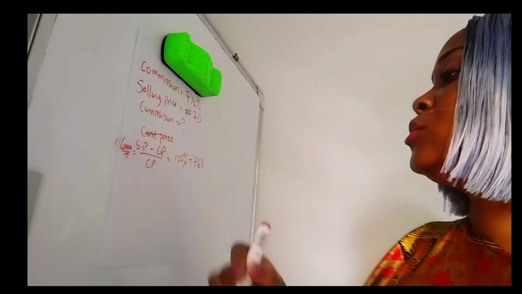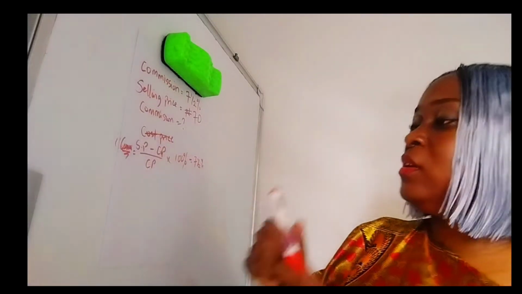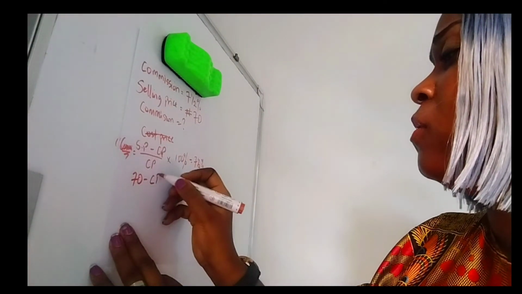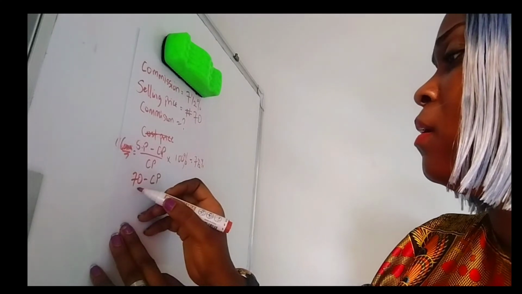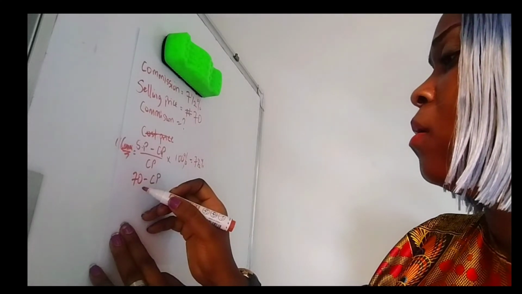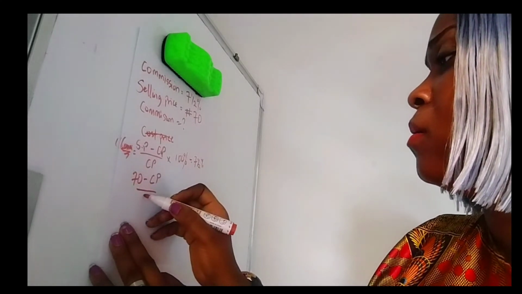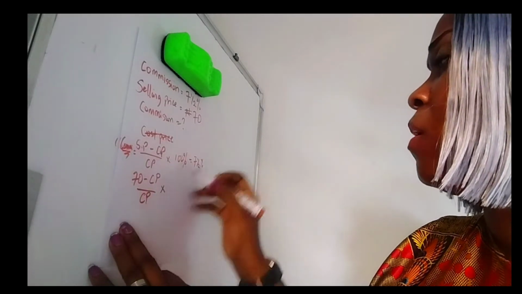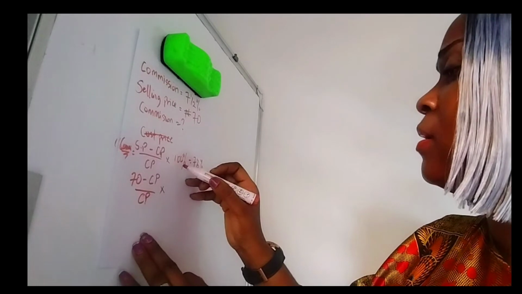So we'll substitute 70 here. We'll have 70 minus CP, all over CP times 100.